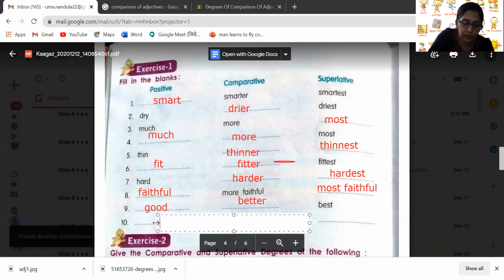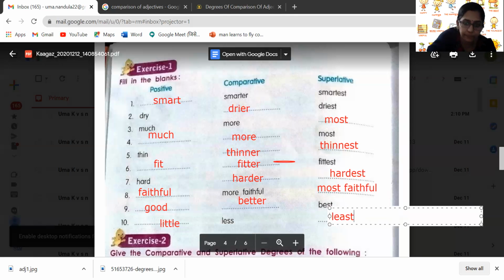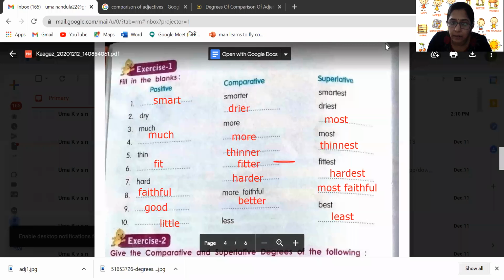And here, what is given here? Less, least. What is that sentence, children? We have little, less, and least. Just now we discussed. Okay, fine.